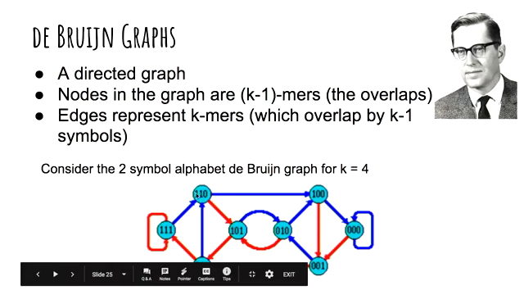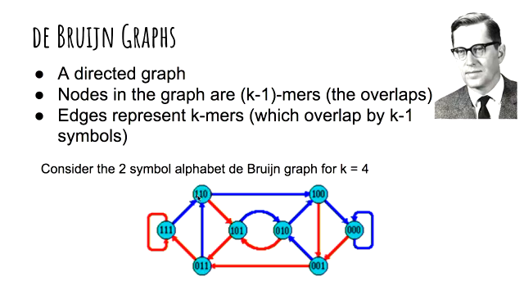So this node here is 110, and this node 100 is an overlap. And this edge here, if you add that 0 to that 110, you'll get 1100, because travelling from this node to this node, we're adding on a 0. So this edge represents 1100.